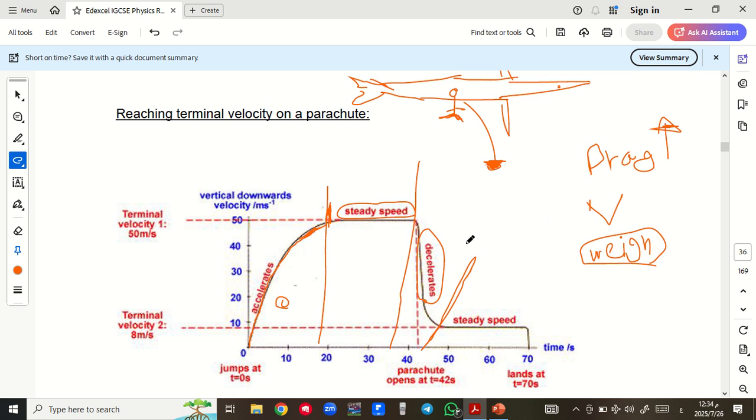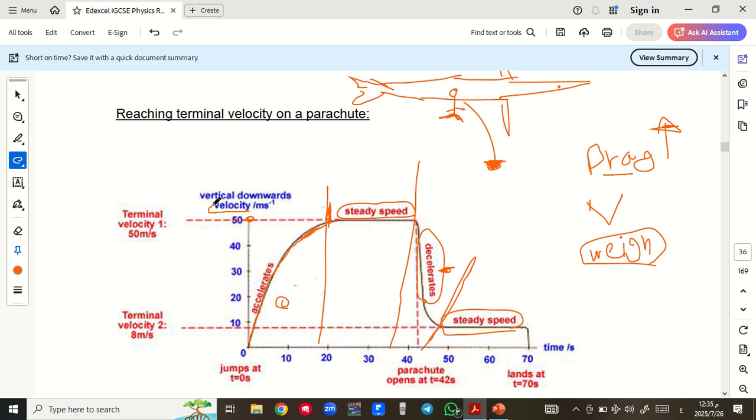After that, he will open his parachute. The drag force will be higher than the weight force. At this point, his speed will decelerate until he reaches a steady speed.